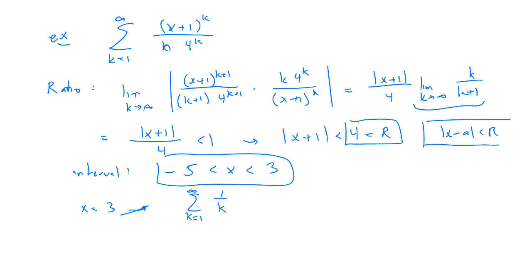Okay. So what happens to this one? Does it converge or diverge? So this diverges, and why? And you have two choices. Either you can say it's because it's a harmonic series, or you can say it's a p-series with p less than or equal to 1. So that part diverges, so we don't include that endpoint.